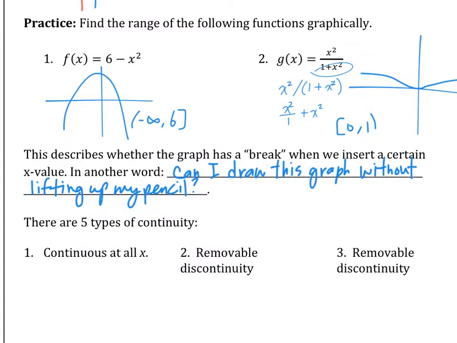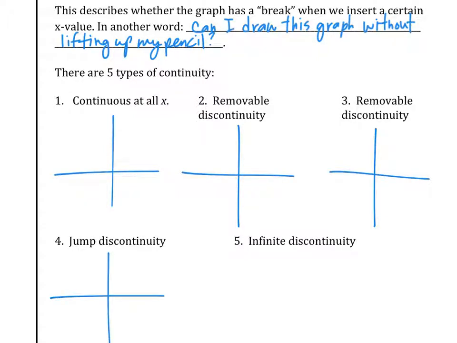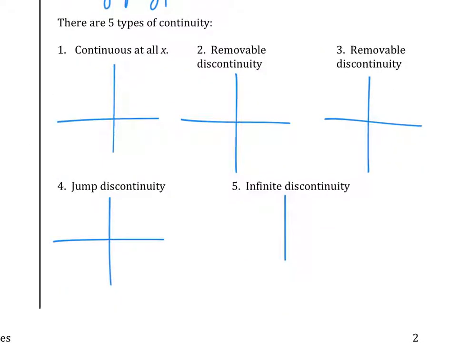Okay, so we're going to look at 5 types of continuity. So let me draw an XY coordinate for all 5. Okay, what does it mean to be continuous? It means I can draw this graph with one stroke and I can finish this graph without lifting up my pencil.